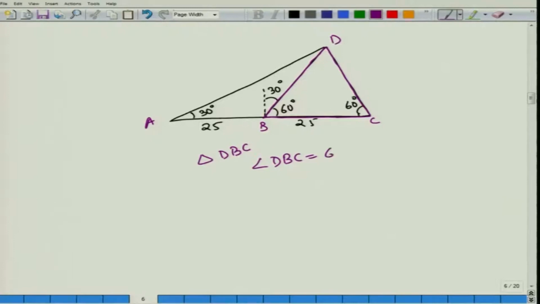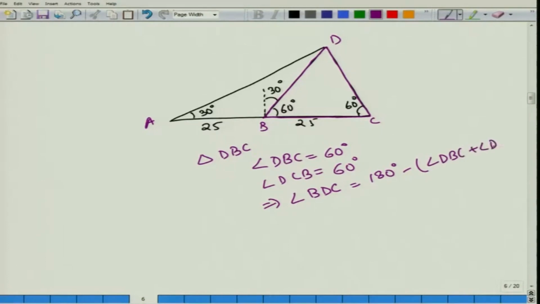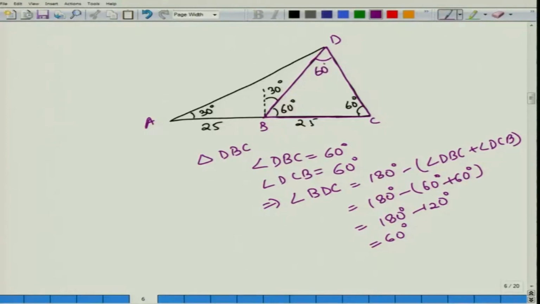Angle DBC is 60 degrees, angle DCB is also equal to 60 degrees. So, what is angle BDC? The angle BDC will be 180 degrees minus the sum of the other two angles, angle DBC plus angle DCB, which is 180 degrees minus (60 degrees plus 60 degrees), equal to 180 degrees minus 120 degrees, equal to 60 degrees. So, we have figured out that this angle is also 60 degrees.